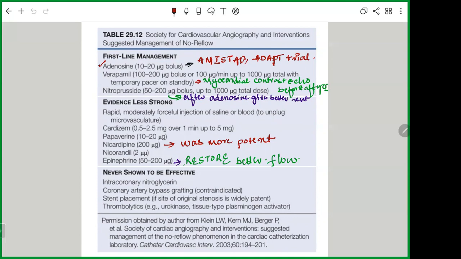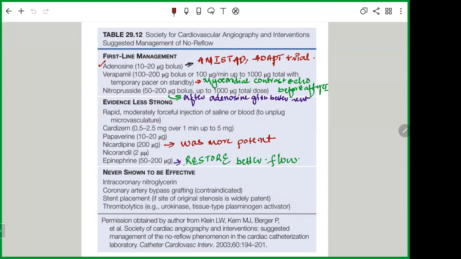Verapamil shows a good reflow phenomenon. And nitroprusside. Nitroprusside is a 200 microgram bolus, up to 1000 microgram total dose we can go, which often after adenosine gives a better result. Nitroprusside should be given after adenosine. Okay. Next are the drugs with less strong evidence: nicardipine, nicorandil, epinephrine.